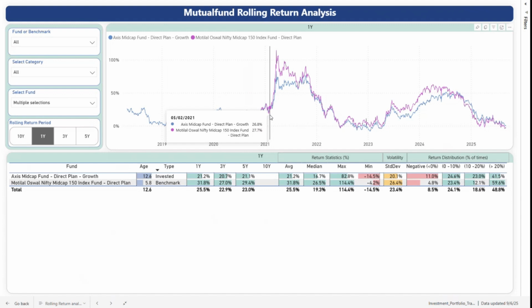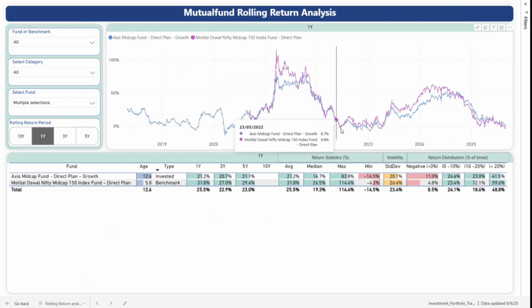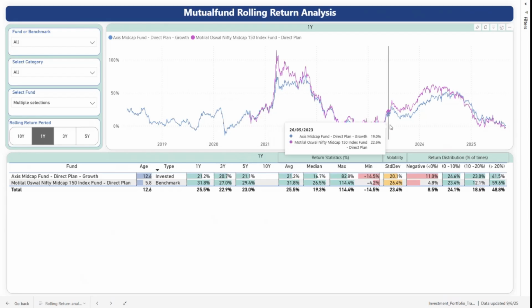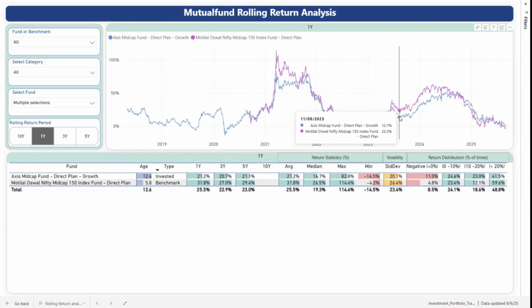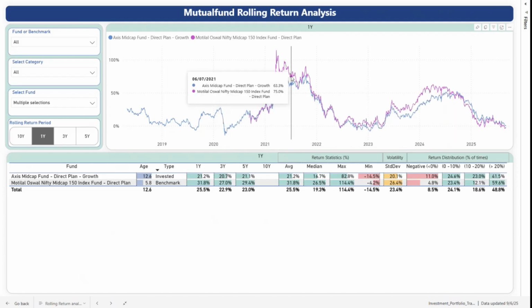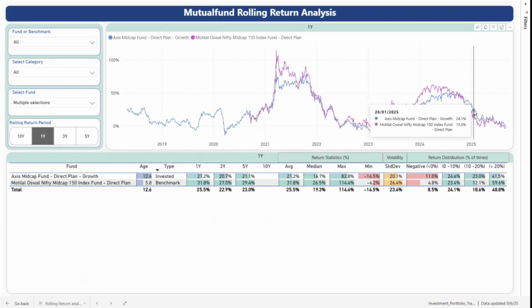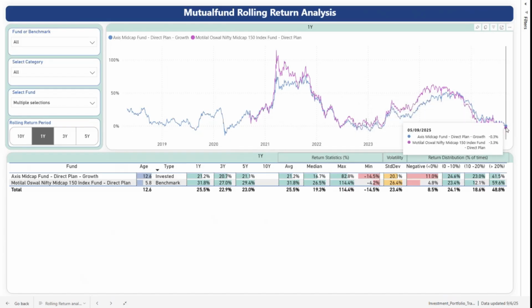Likewise, if you look at the overall pattern for 1 year, if anyone holds and exits, the majority of the time Midcap 150 gave a better return versus Axis. But in recent times, Axis has been able to behave better. That is what it is trying to tell you.